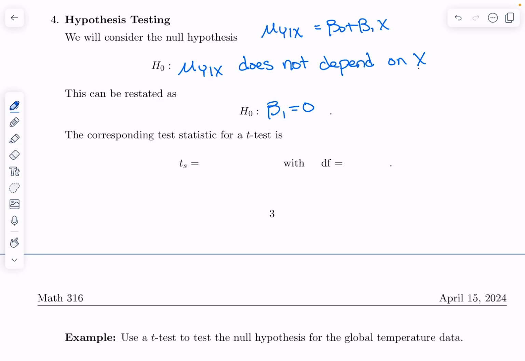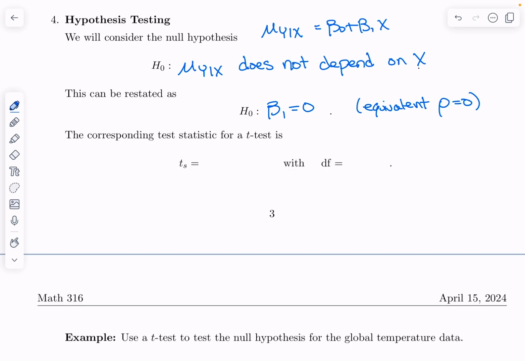That means there's no relationship between y and x, or at least no linear relationship. Now I'm going to point out that this is absolutely equivalent to the null hypothesis that we had before, which was that the correlation was 0. These two tests that I'm about to do are equivalent.